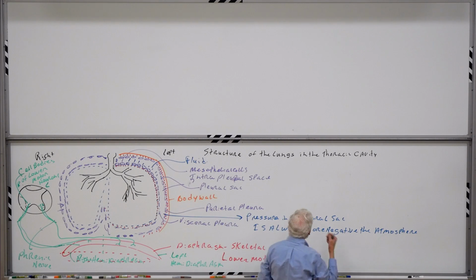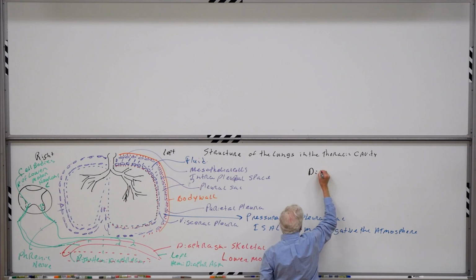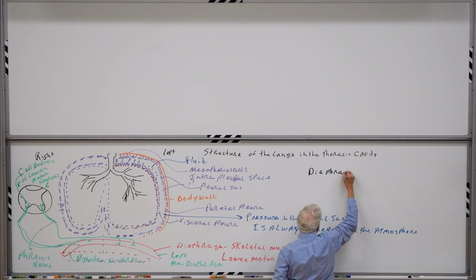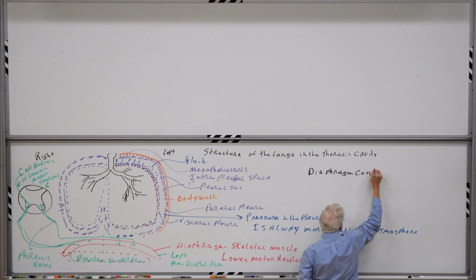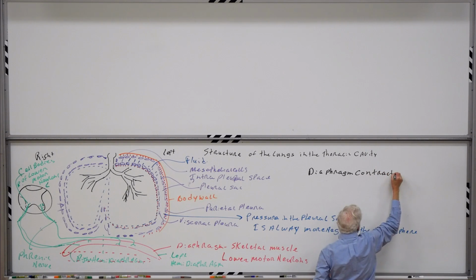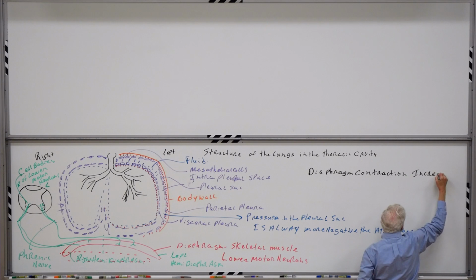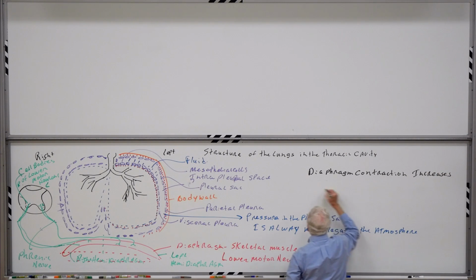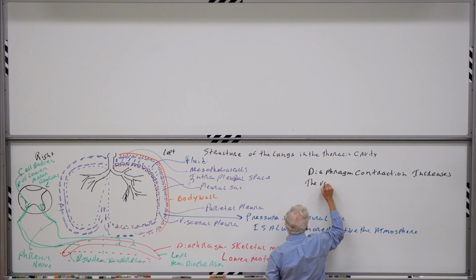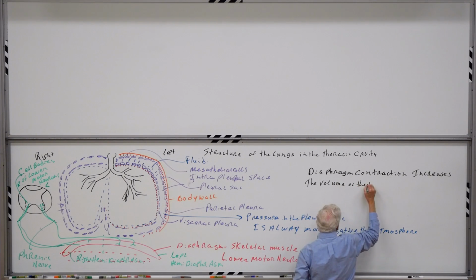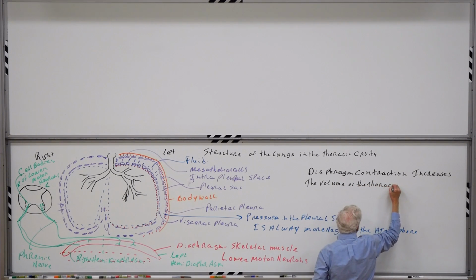We can say diaphragm contraction increases the volume of the thoracic cavity.